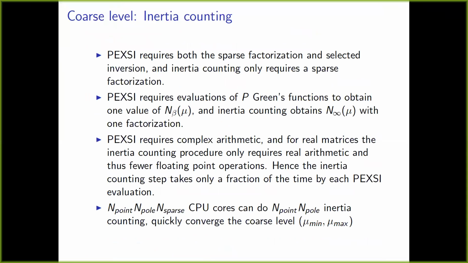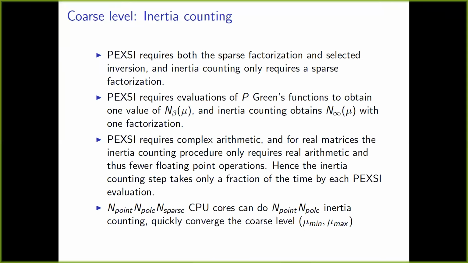The inertia counting is much cheaper than the selective inversion, because for the PEXSI evaluation, we have to do the sparse matrix factorization and selective inversion. However, for the inertia counting, we only need to do the LDL decomposition.